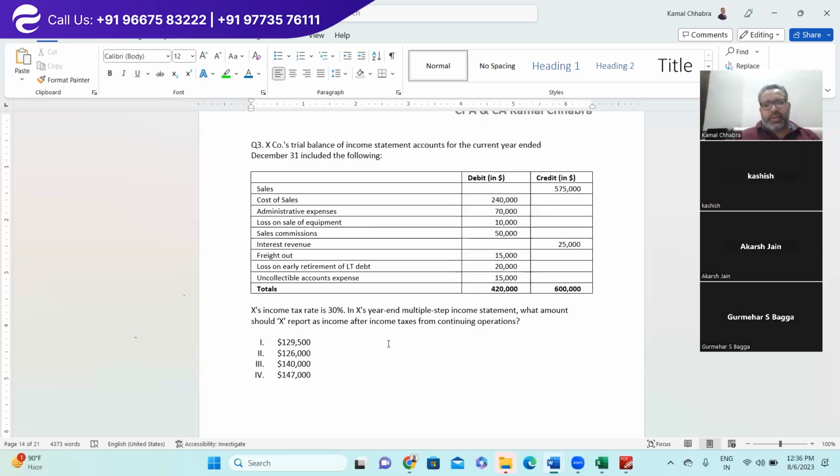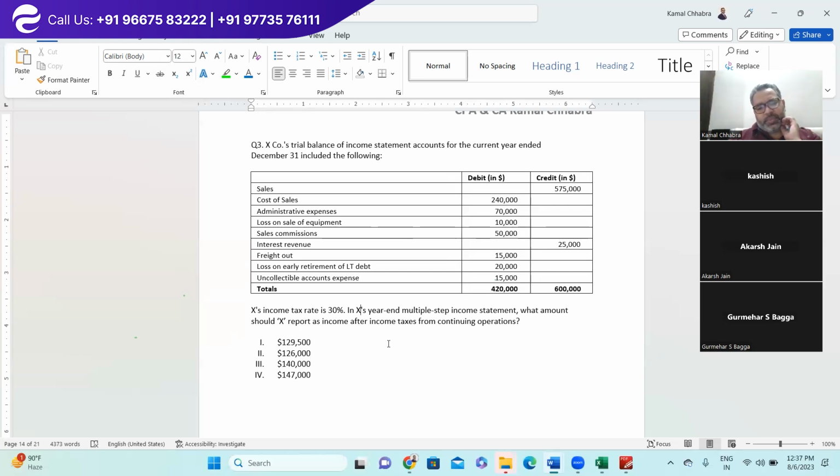So the sales is $575,000. You have COGS 270, administrative expenses, losses, sales commission, and then you have interest revenue, freight outward, losses on early retirement of long-term debt, and bad debt expenses.